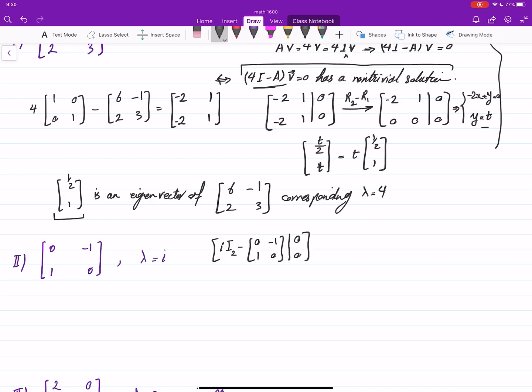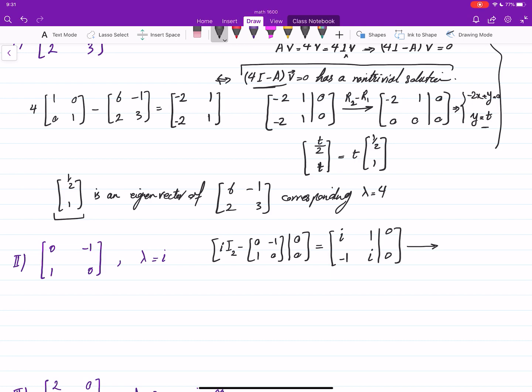We have to find a non-trivial solution for this. This is indeed equal to i, 1, negative 1, and i. Here, this is 0, 0. We want to solve this one.